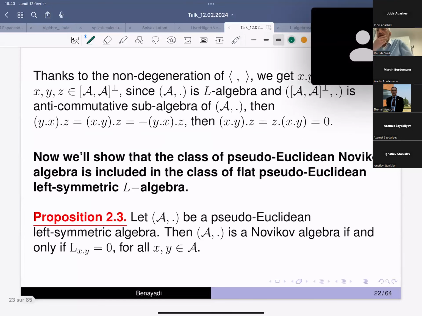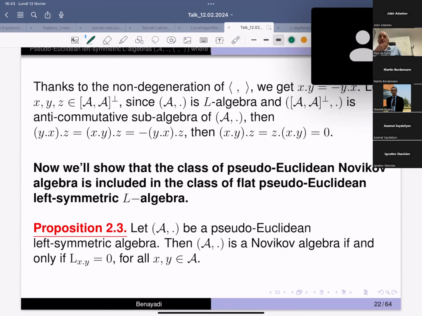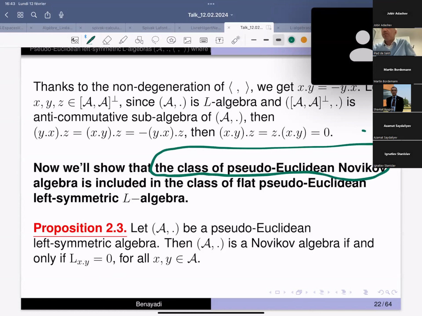Now we show that the class of pseudo-Euclidean Novikov algebras is included in the class of flat pseudo-Euclidean left-symmetric algebras. That means that this class of Novikov algebras is included in the class C, considered by Hicham El-Bzioui. To prove this, we have this proposition.